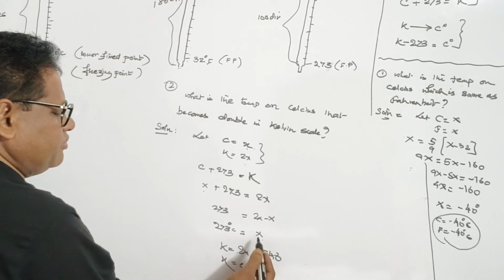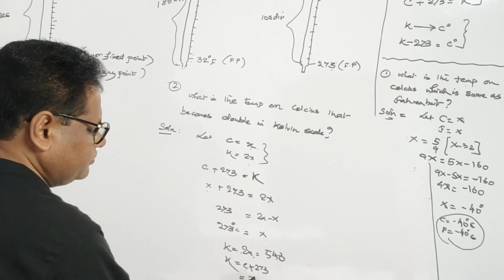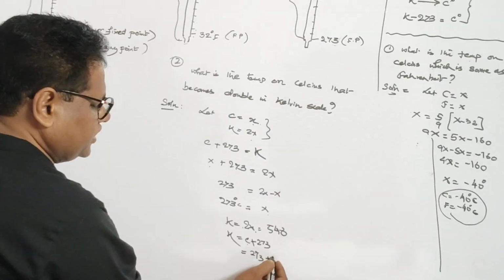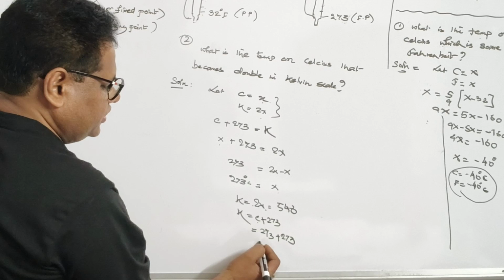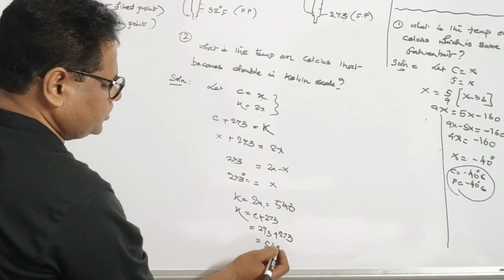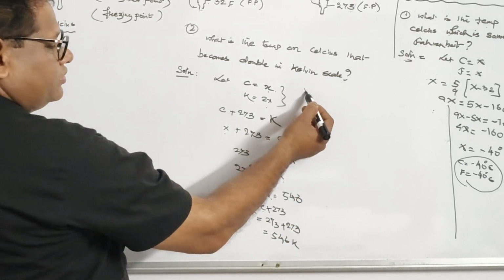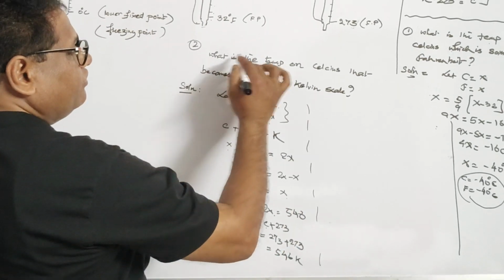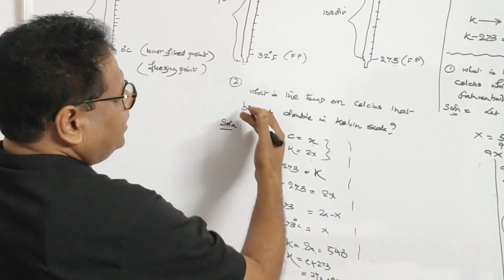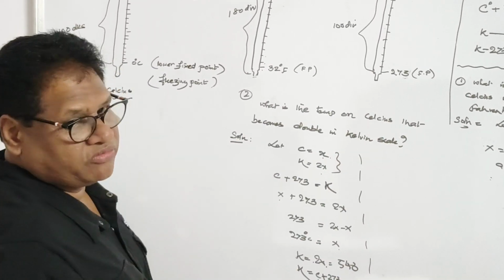Since you got Celsius temperature x as 273, plus 273, this is coming 546. This is the Kelvin temperature. So this could be one question in which you have to frame an equation and connect the temperature scales respectively.